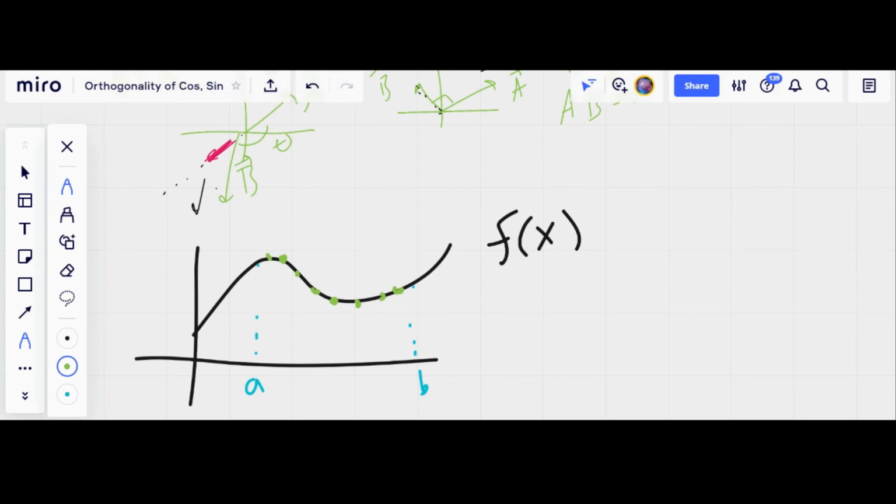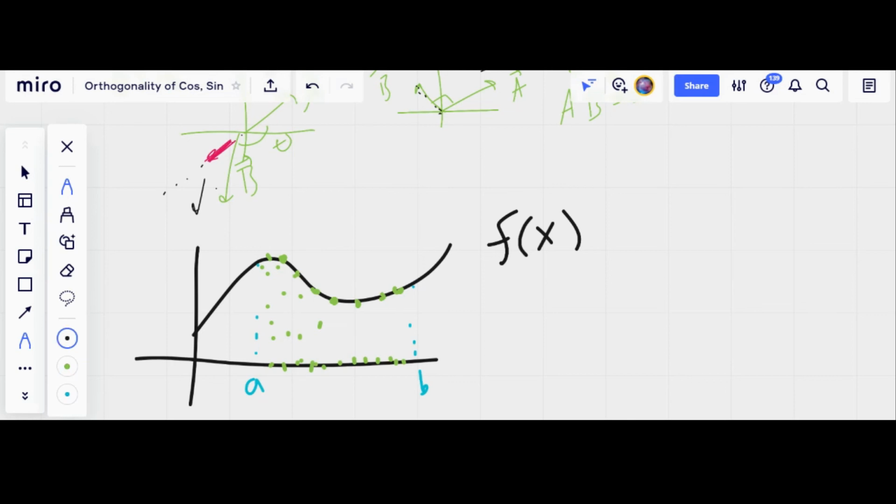So let's just say I give you a bunch of points that are equally spaced out. So we divide this interval up into a bunch of little segments, right? And I tell you the value of f of x at each of these points. From there, you can sort of get an idea of what f of x looks like.